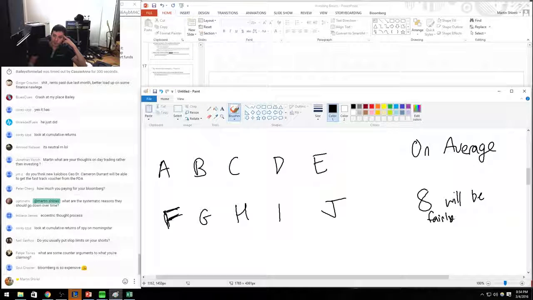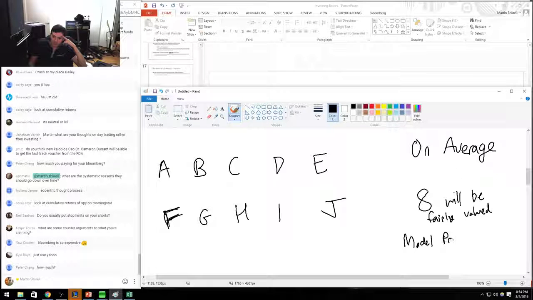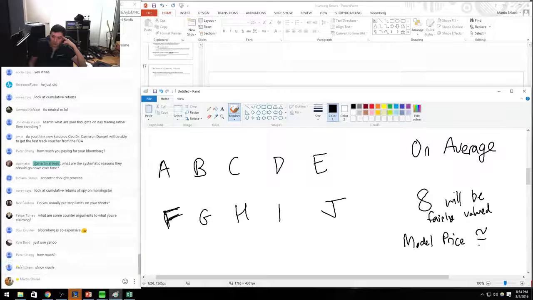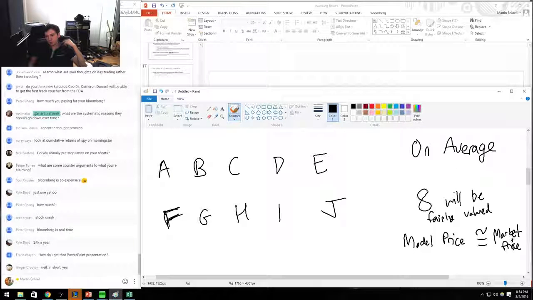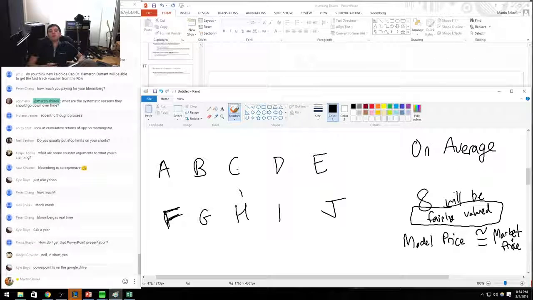In other words, the price you get from your modeled price will basically be pretty close to the market price. And we saw that with Apple, right? We did all these calculations, spent all this time, did all this research, and the market price and the model price were both about $90-something a share. So that's fairly valued. There's no reason to buy or short Apple. It's basically trading where it should be trading. So 8 out of 10, or 80%, will be fairly valued.